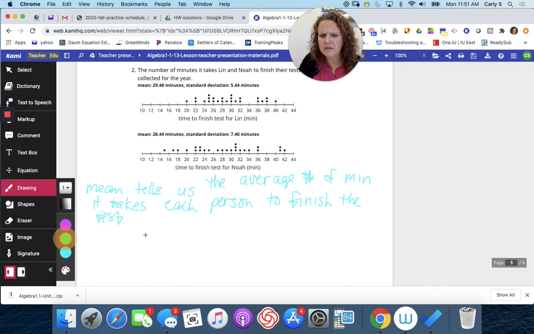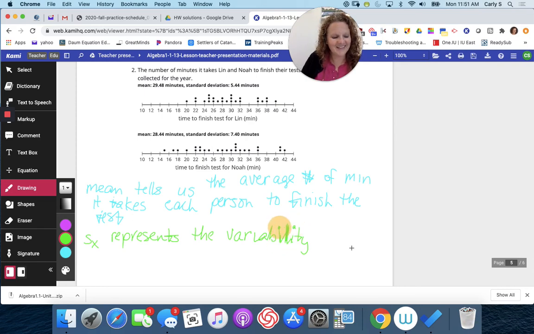And then the standard deviation, we've got 5.44 and 7.40. This represents how variable the data is. Represents the variability. The variability of the times.